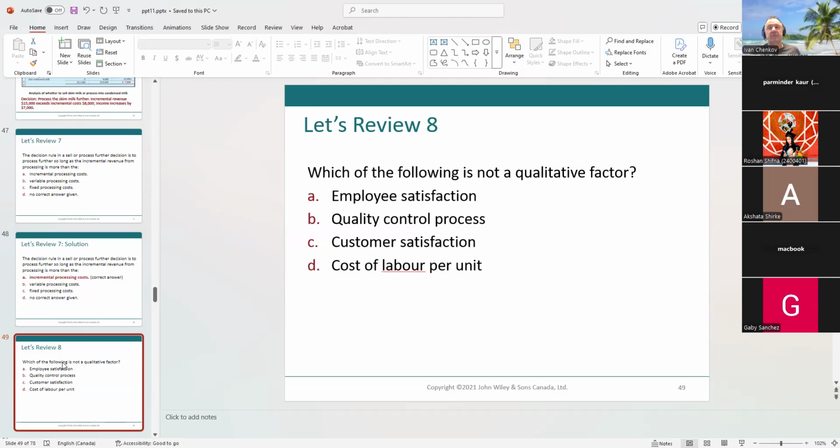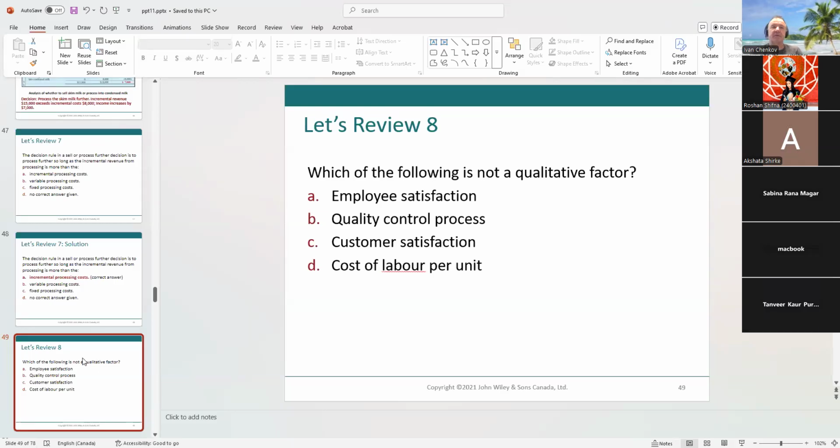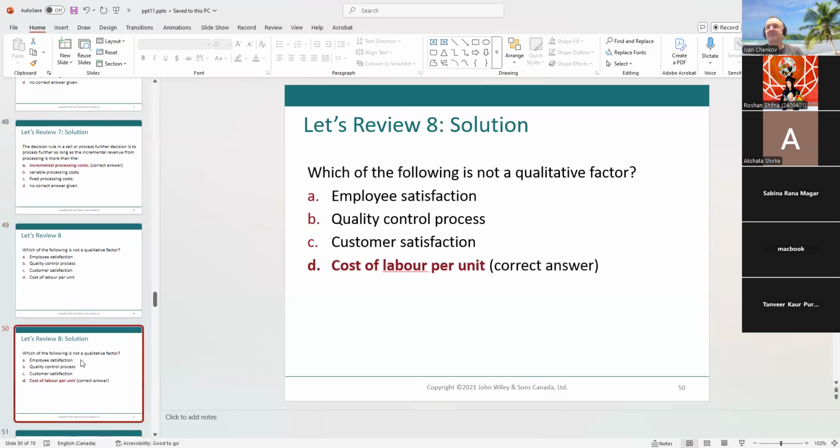Quantitative means numerical, and qualitative means other factors which are not numerical, like employee satisfaction. So which one is numerical here? D. Is the numerical a qualitative factor? No. D. Okay, Sabina got it. That's good.